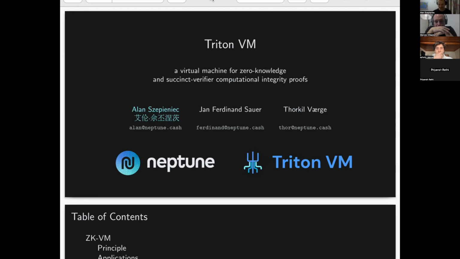And so Triton-VM is the pillar on which we are building this blockchain, but you can also use it without having to use Neptune. You can use it as a standalone virtual machine and prover and verifier. And so that's why there are two brands on this slide.